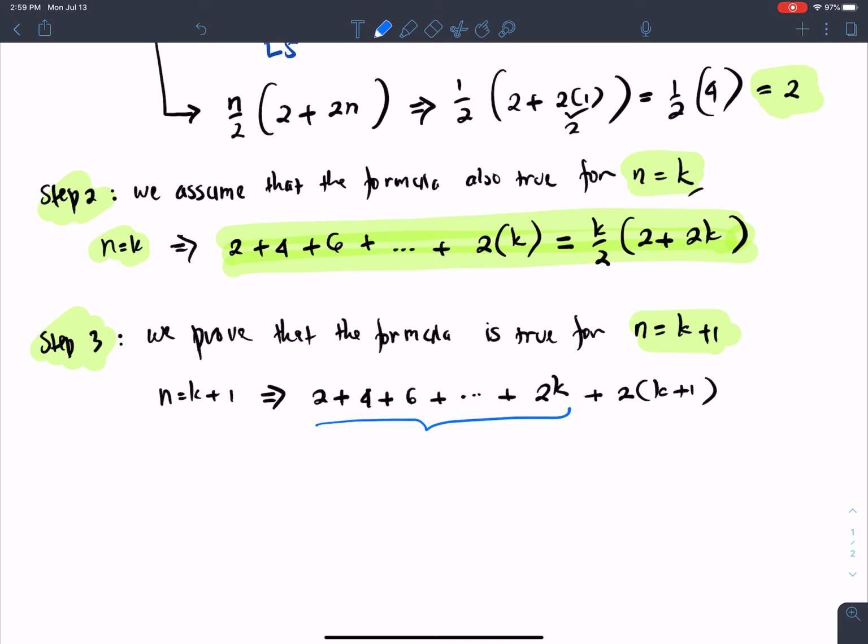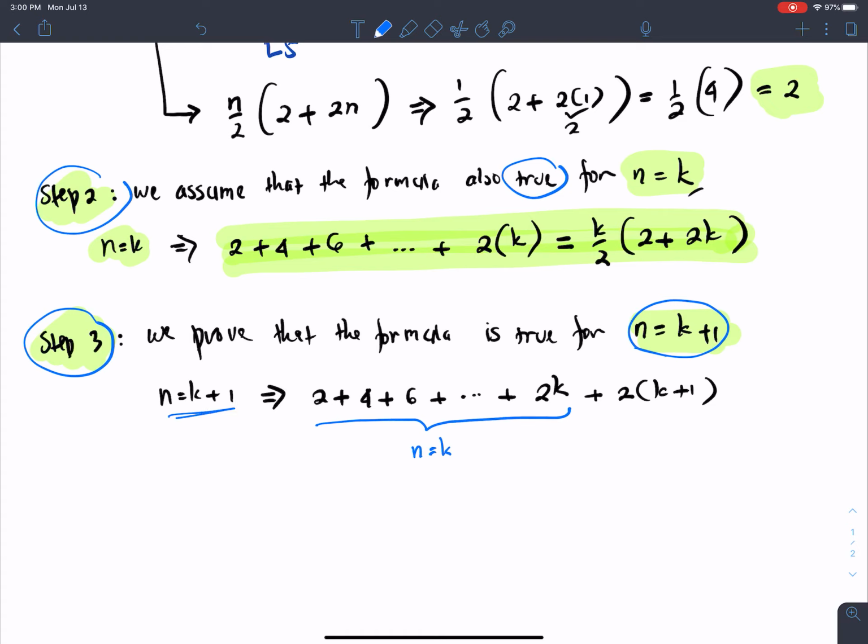Up to this point, this is n equal to k, which in step 2 we already assume is true. Look back at step 2 here. We assume that the formula is also true for n equal to k. So when we said we assume it is true for n equal to k, here in step 3 we would like to prove that the formula is also true for n equal to k plus 1.